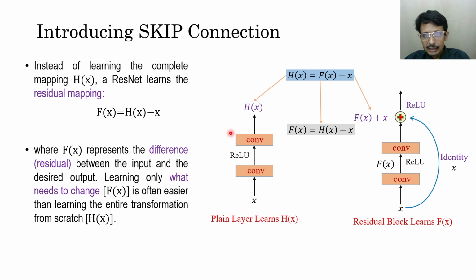So definitely the convergence is easier, and the optimization is much easier for ResNet. That is a certain advantage that we can figure out from skip connection. And that is the essential importance, or the basic idea, of skip connection.